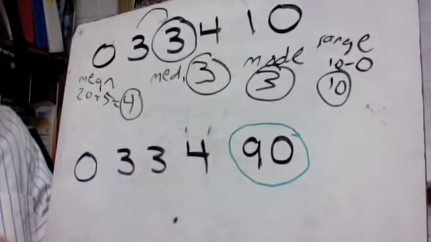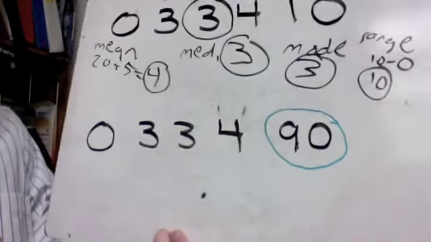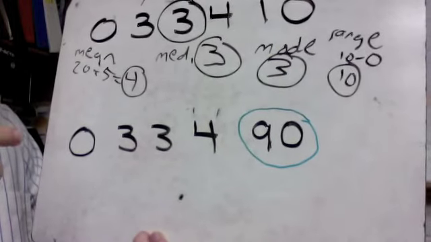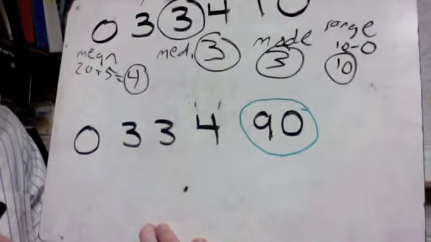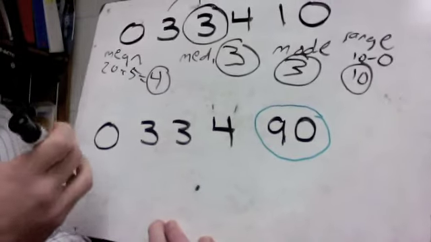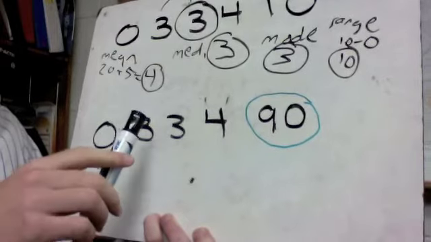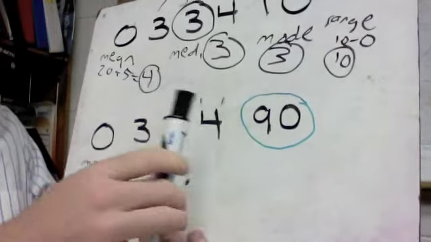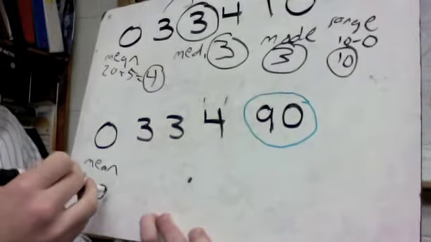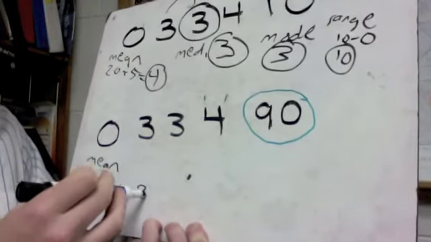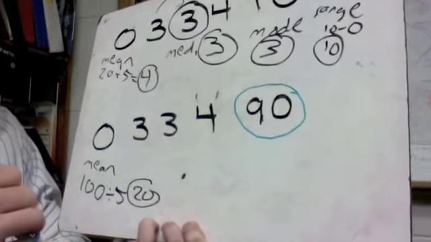Now for the second one, we're going to do the same thing and see how that outlier affects these numbers and which ones it affects the most. We'll find the mean. If I add these up now, 6, 10 plus 90 is going to be 100. So that would be 100 divided by 5, which changes our mean to 20.